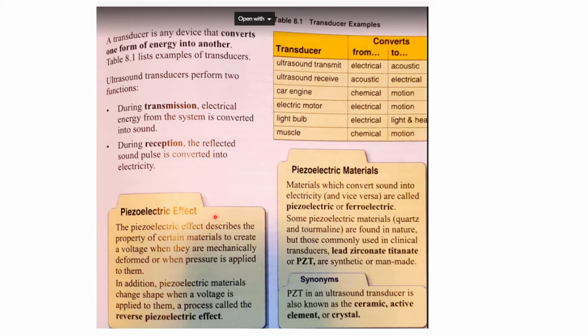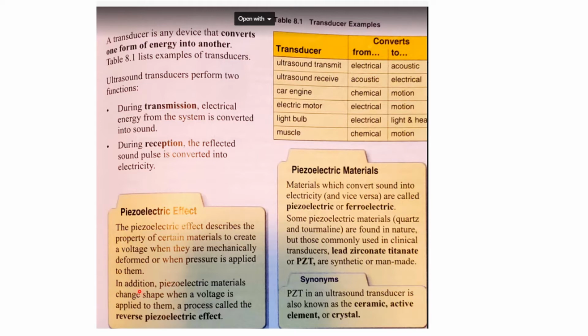The way this works is the piezoelectric effect, which describes the property of certain materials to create a voltage when they are mechanically deformed or when pressure is applied to them. So we apply electricity to these materials, they vibrate, and that causes sound waves that go into the body.